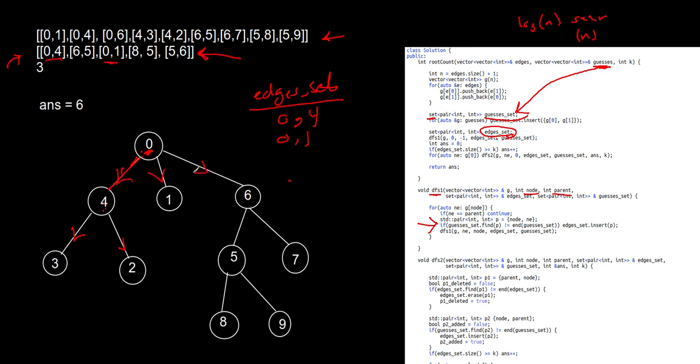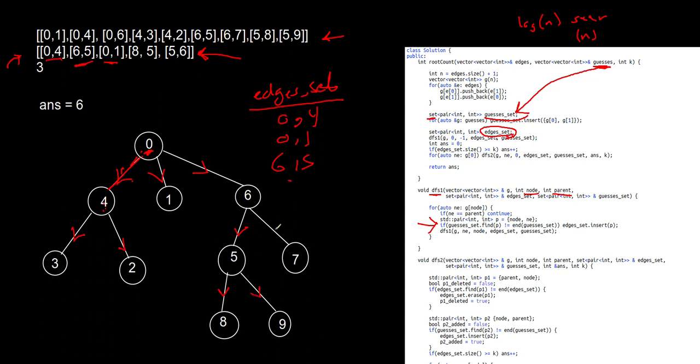Then we have 0, 6. 0, 6 does not exist. And we have 6, 5. 6, 5 does exist, so we insert it. Then we have 5, 8. 5, 8 is not in the array. Then we have 5, 9. 5, 9 also is not in the array. We are done with 5.